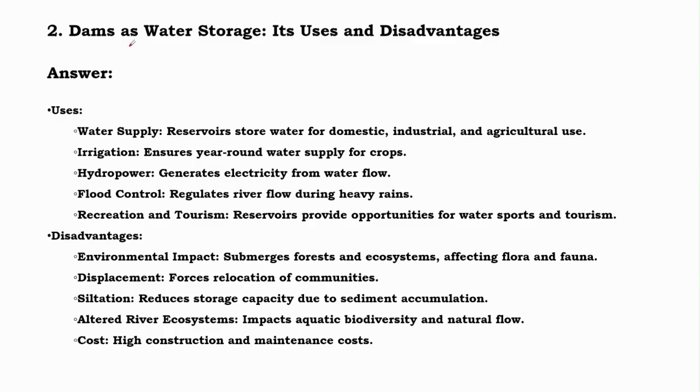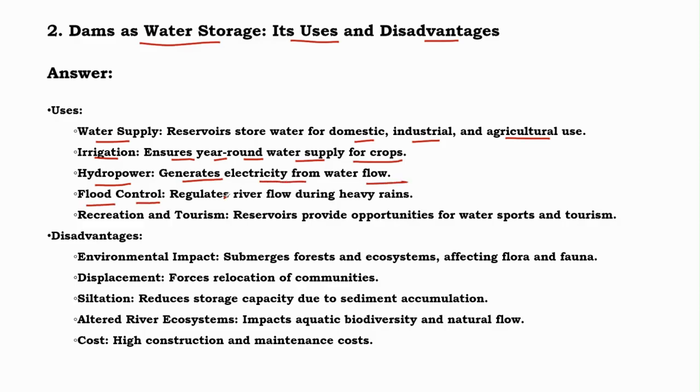So dams as water storage, their uses and disadvantages. Here uses are water supply. Water should be stored for domestic, industry and agriculture uses. Irrigation, ensuring year-round water supply for the crops. Hydropower, generating electricity from the water flow.